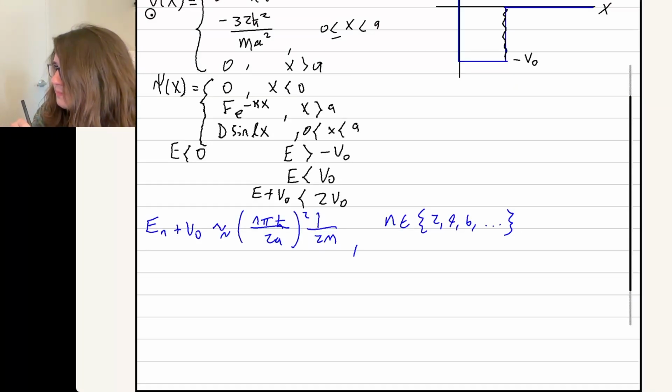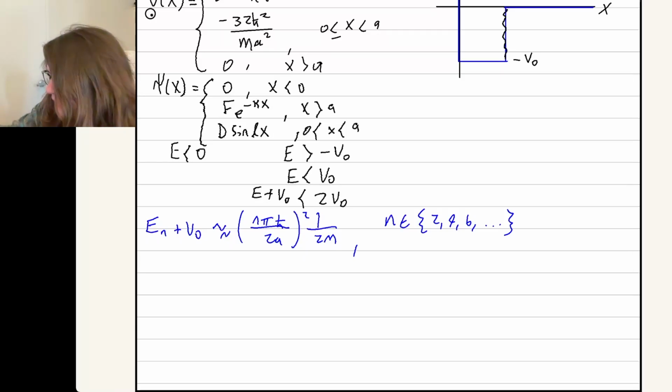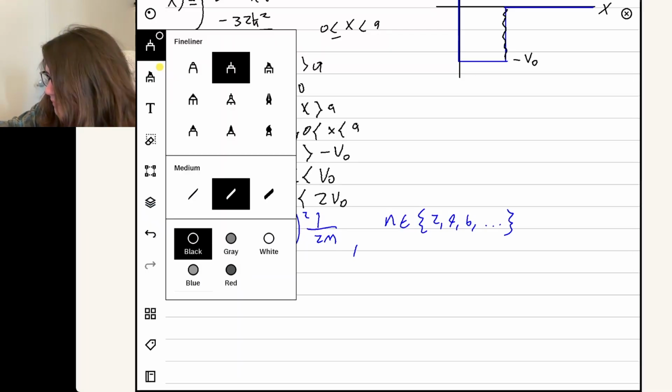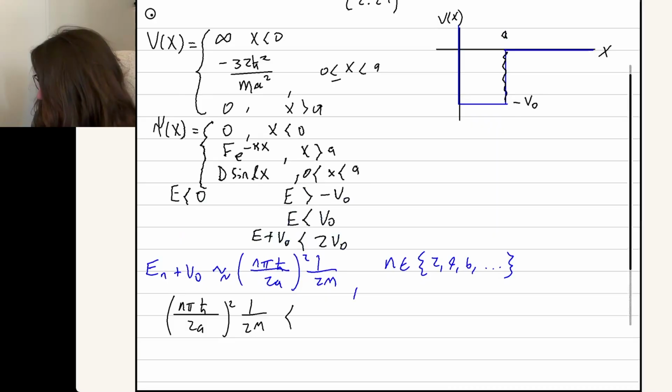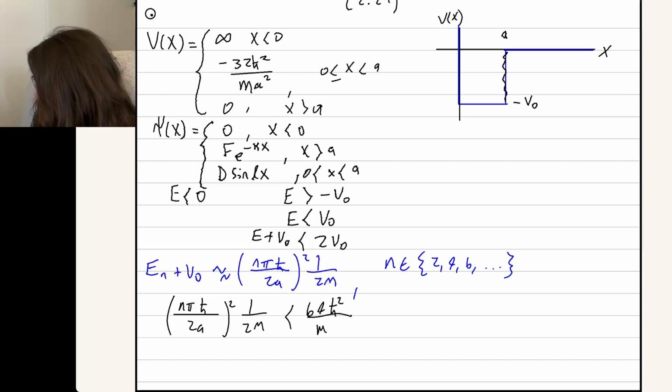On the left-hand side of this inequality, we can write this. So we'll do n pi h bar over 2a, all squared, times 1 over 2m, is less than 2 times this value, so 64 h bar squared over m a squared.